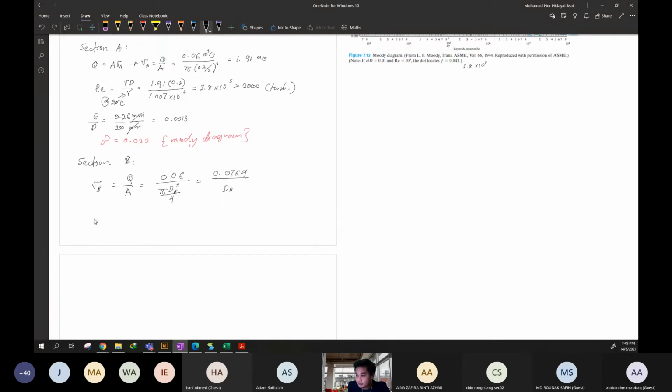And the Reynolds number is VD over nu, so V is here, just substitute the value: 0.0764 over dB, times the diameter of B, over nu, which is 1.007 times 10 to the power of -6, as you understood previously.